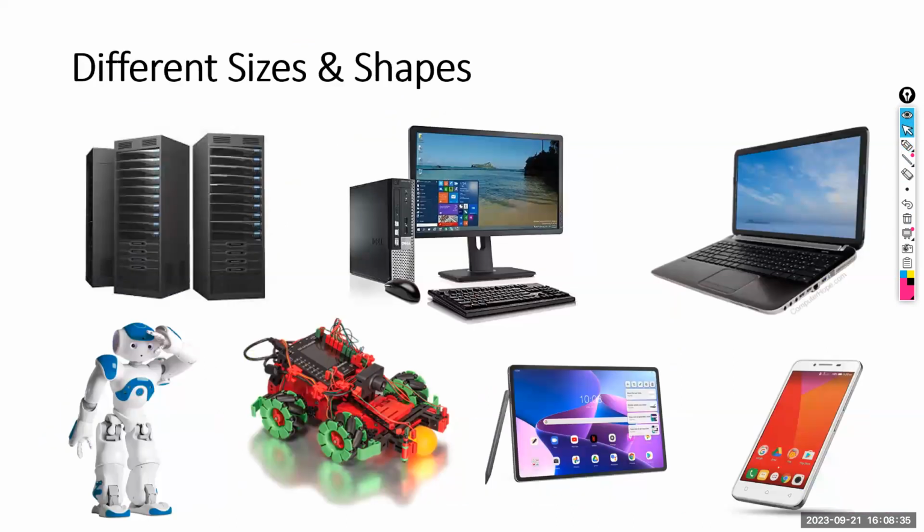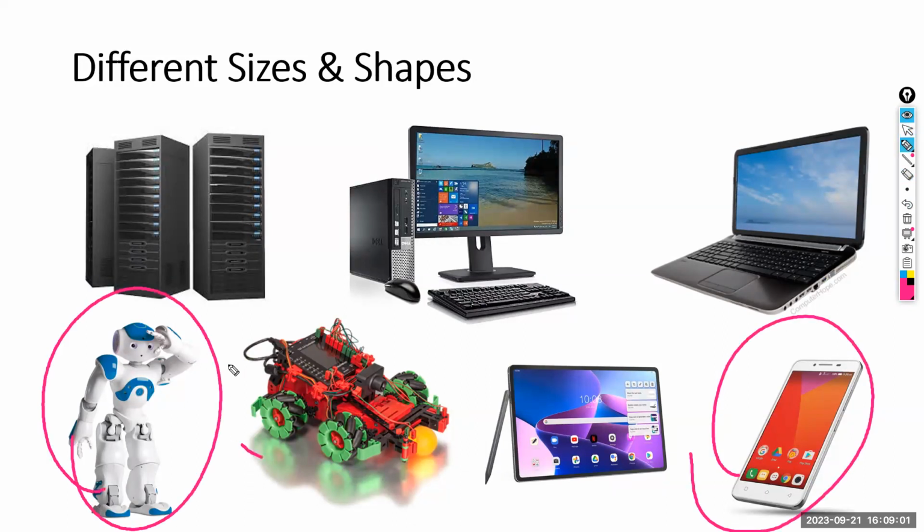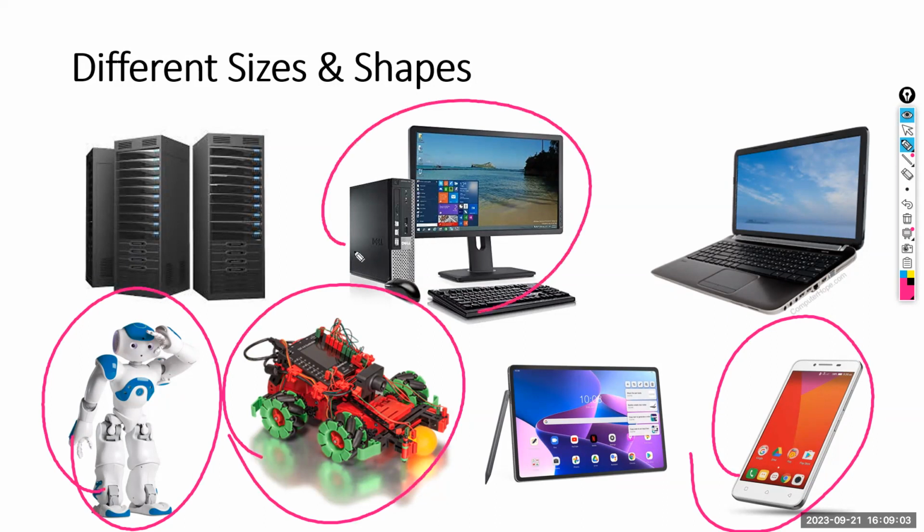And another feature is computers come in different sizes and shapes. Sometimes they are often very different. So we can look at a car and see that every car is sort of the same. So they have the wheels and so on. But if you take a computer, some computers come as a desktop, some computers come as smartphones, okay, and some computers come as robotics, right, smart devices, and so on.